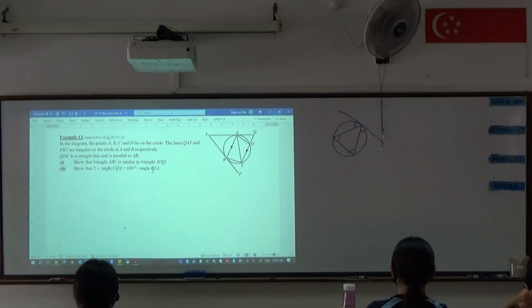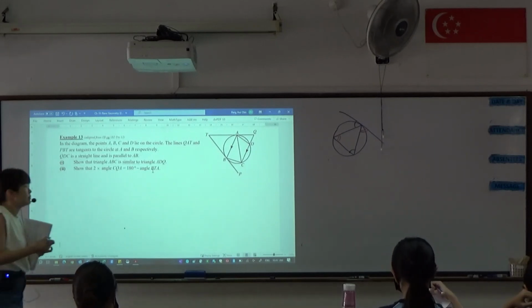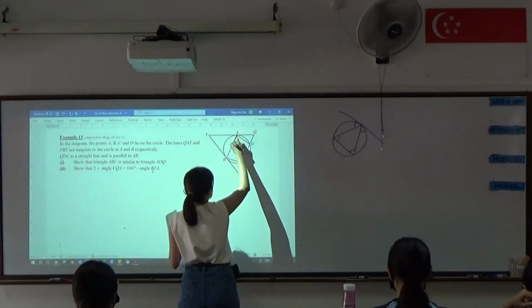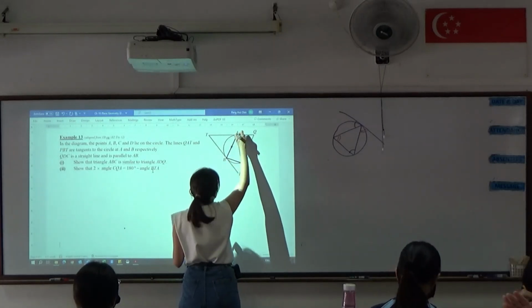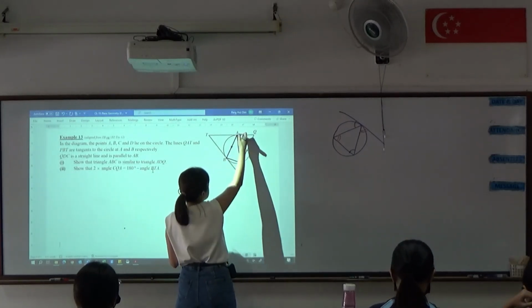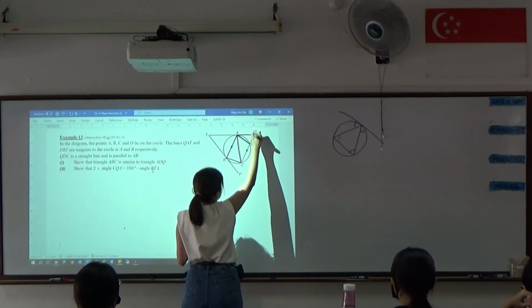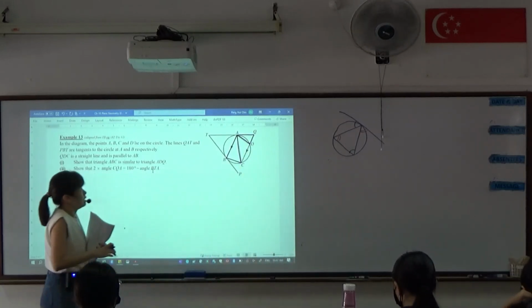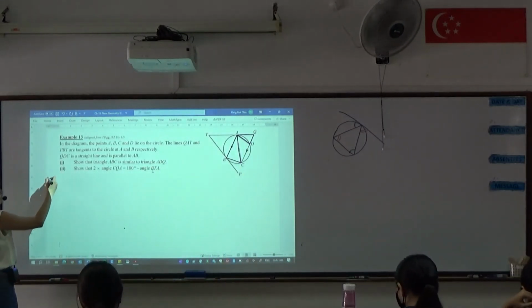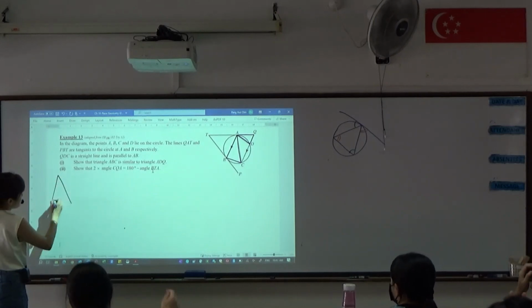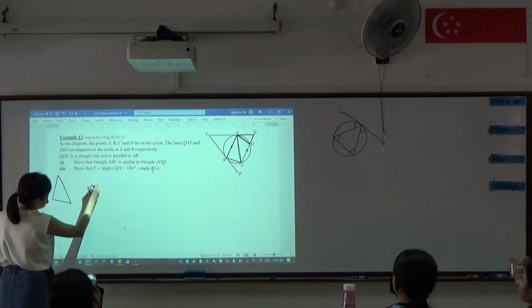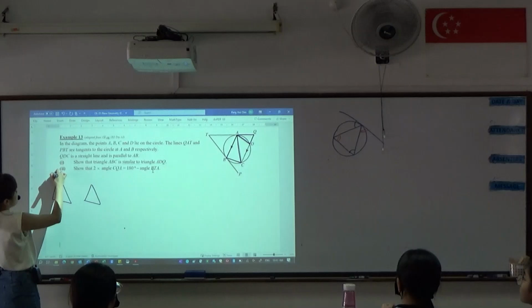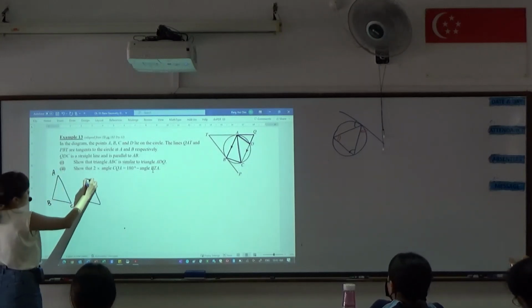In part 1, we want to show that triangle ABC is similar to ADQ. So ABC being this, ADQ being this one. Maybe it will be helpful for us to again draw out the two triangles in the same orientation. So ABC, ADQ.